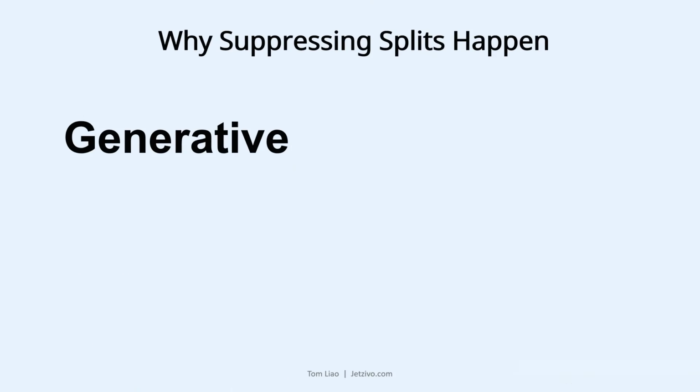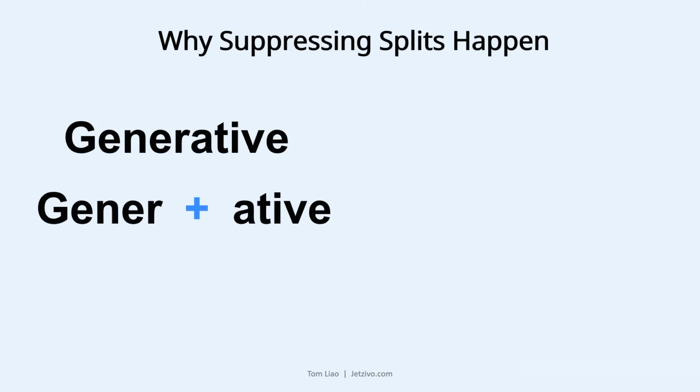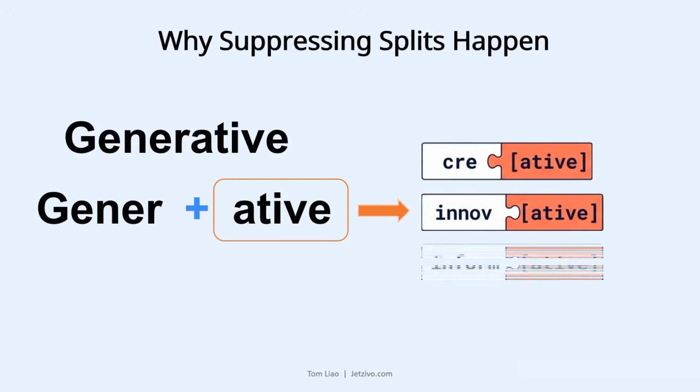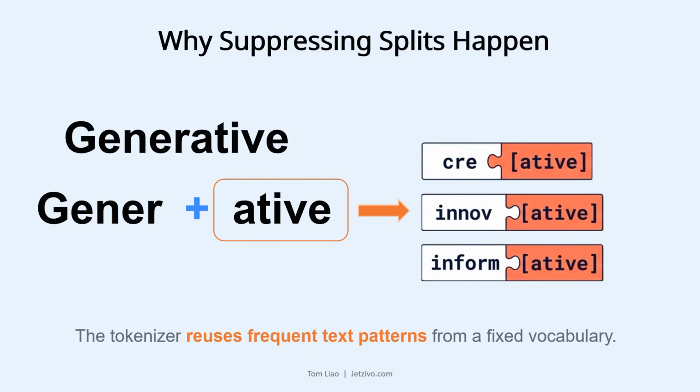Why did generative become generative? The tokenizer is not applying an English grammar rule. Instead, its vocabulary was created from patterns found in large amounts of text. A character sequence such as active appears in words like creative, innovative, and informative. It may therefore become a reusable piece in the tokenizer's vocabulary.